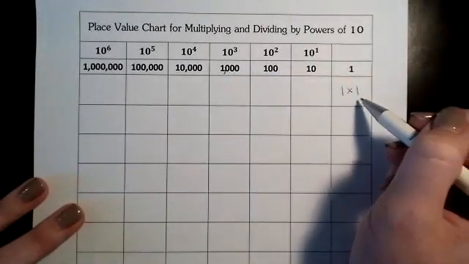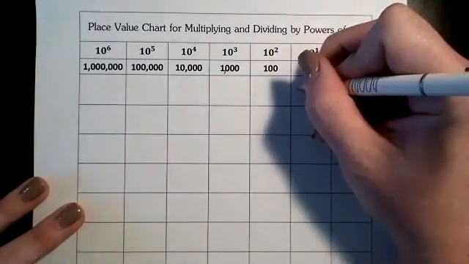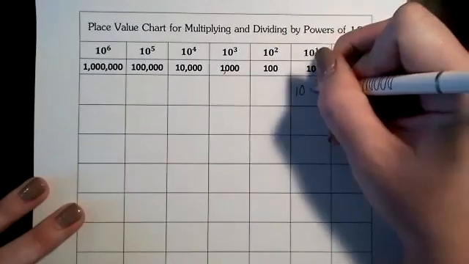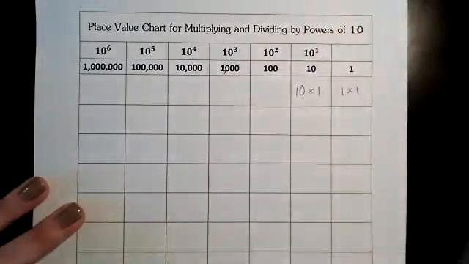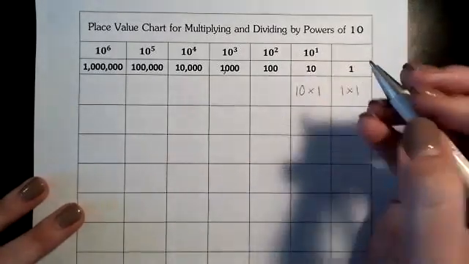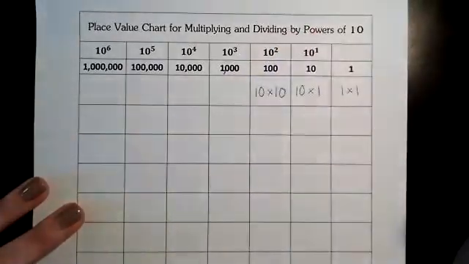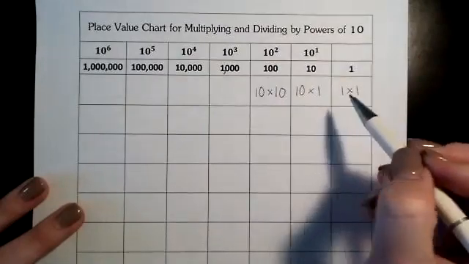Okay, so this is 1 times 1. To get to this one, to get to 10, I'm going to do, sounds so British, 10 times 1. All right, so now we're at 10 times 1. Okay, let's keep going. Now to get to 100, I would do 10 times 10. All right, so let's just look at what we have so far here.